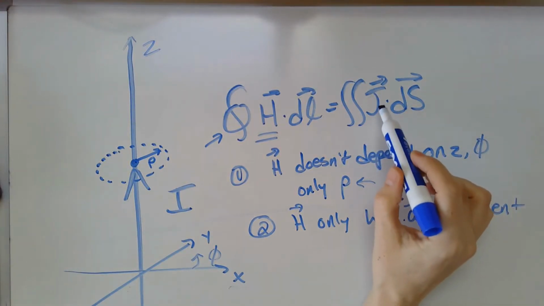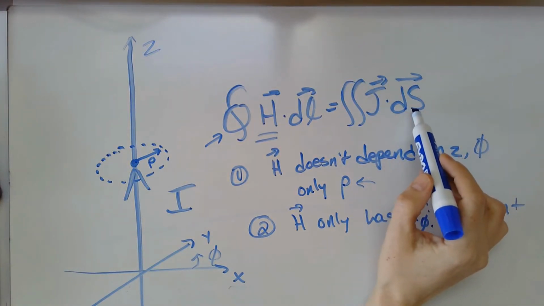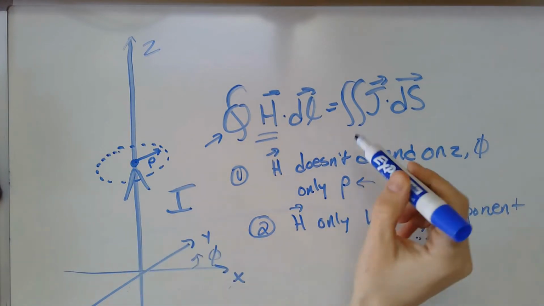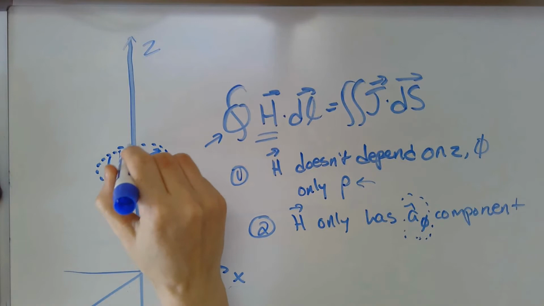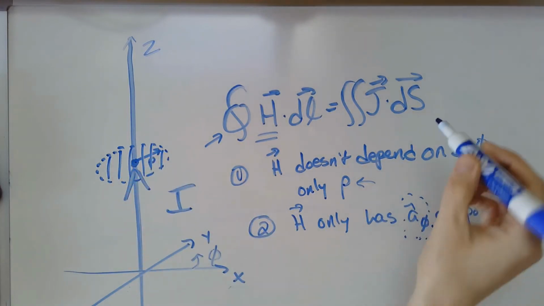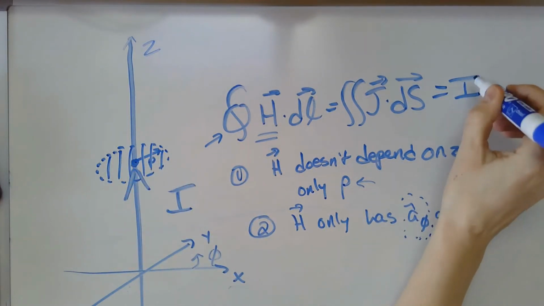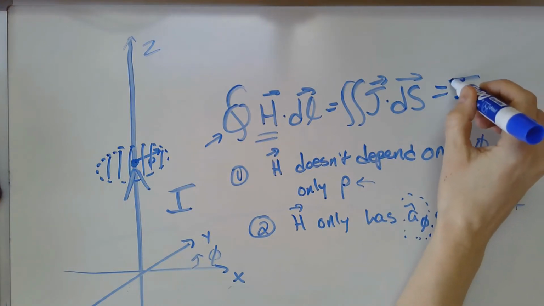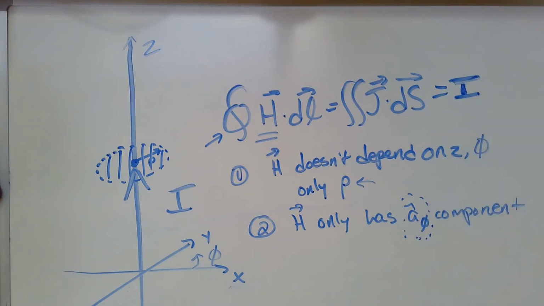Now this flux integral of current dot dS. Our current here is a line current I, so that just evaluates over the surface of the circle to be I. Easy peasy. Sometimes you will have a current density that actually depends on position, and when it does, you'll have to actually evaluate this integral.